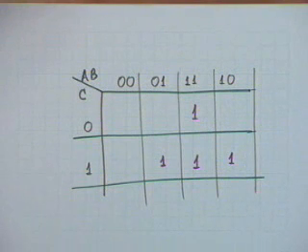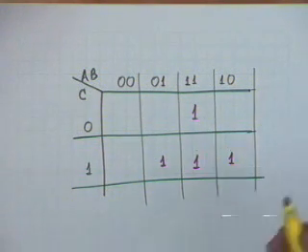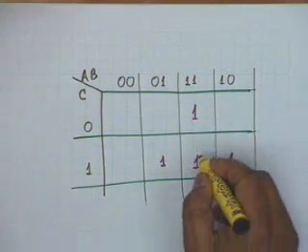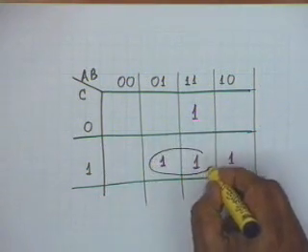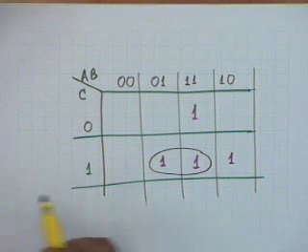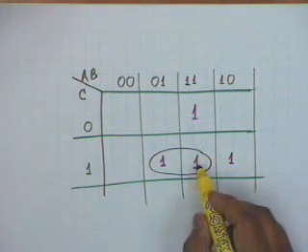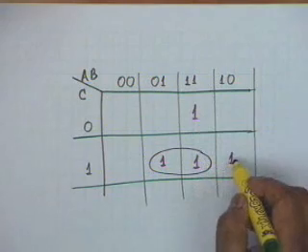Then what one does is one takes two adjacent ones. All right. Two adjacent ones. For example, I can take these two, and here there can be sharings. That is, a 1 here can be shared by this as well as this.